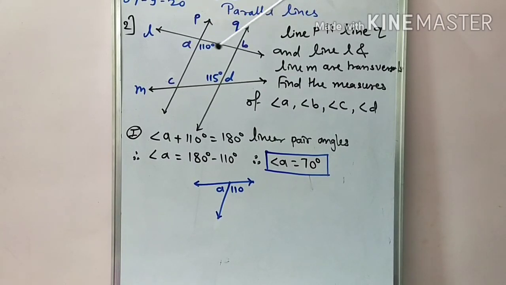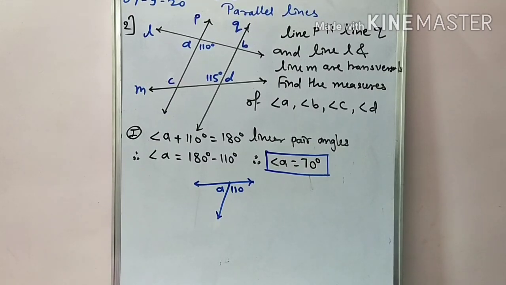A and B are alternate exterior angles. The property is: if lines are parallel, so P is parallel to Q and L is a transversal, then angle A and angle B, which are alternate exterior angles, are congruent.